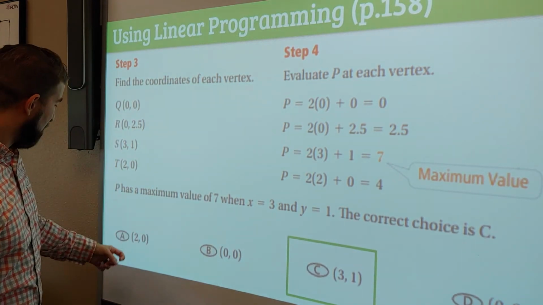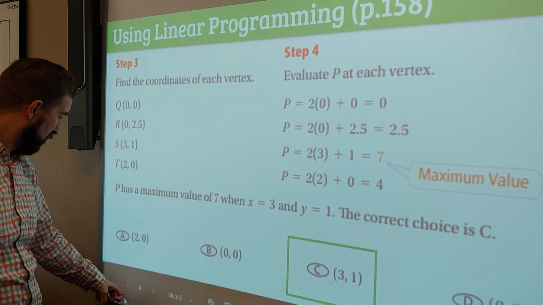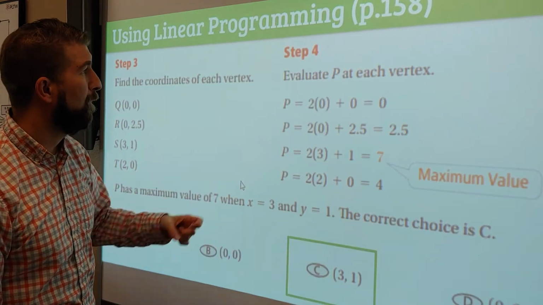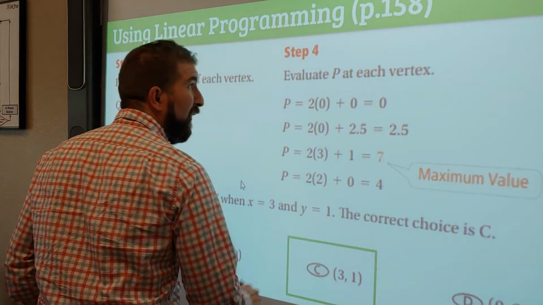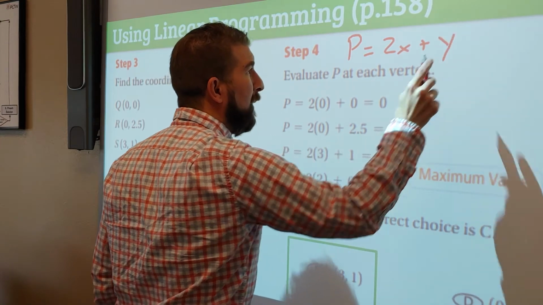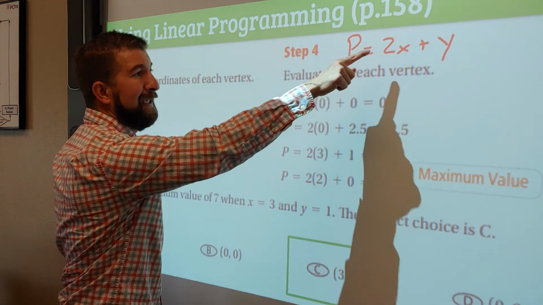All right, so we're going to use that equation that we just saw right here. P equals 2x plus y. They're going to bring that equation over here. P equals 2x plus y. And basically what's going to happen is we're going to plug our vertices into this.